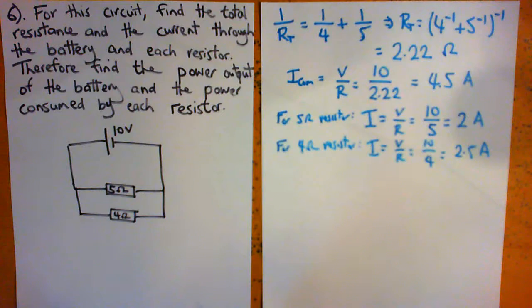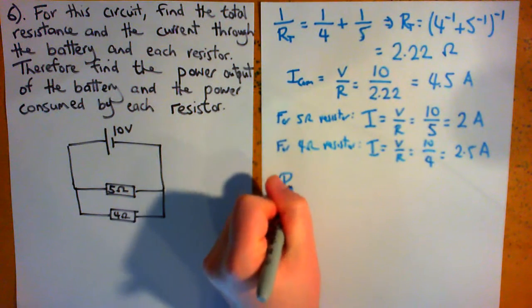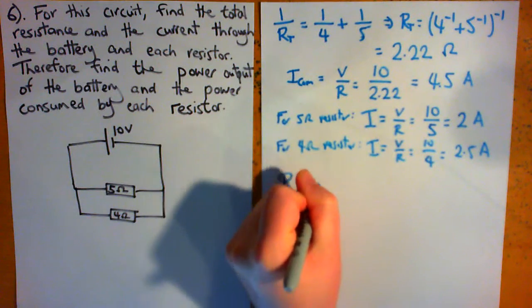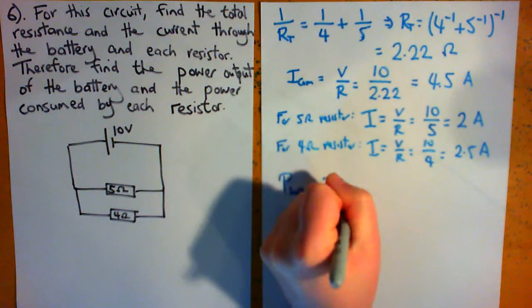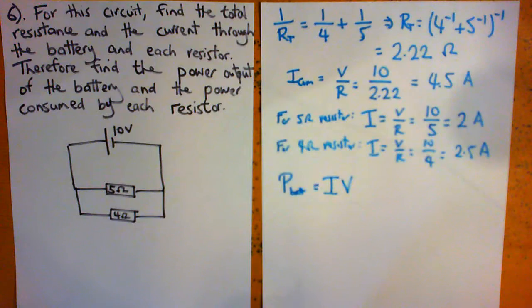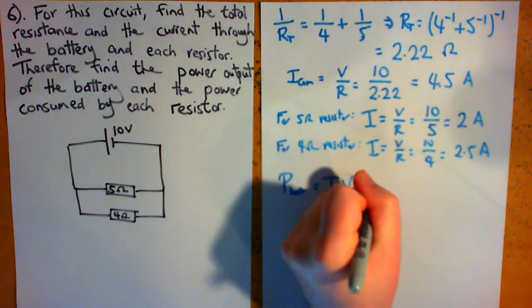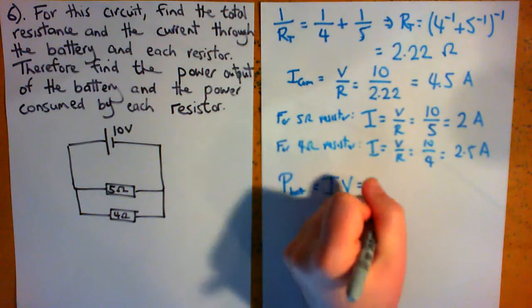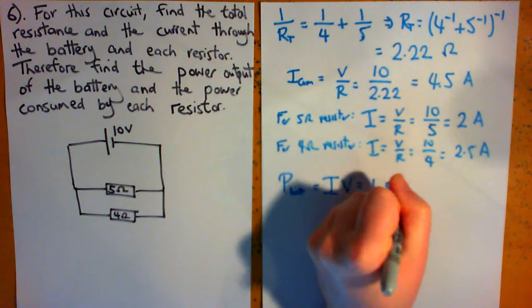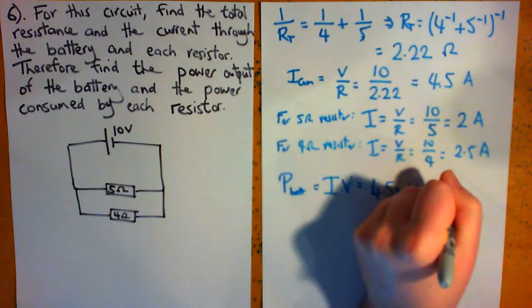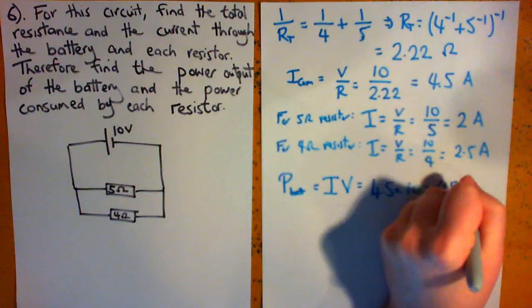Now let's look at the power output. So the power output of the battery. Power is I times V, current times voltage, and the current for the battery is 4.5, times 10, giving you 45 watts.